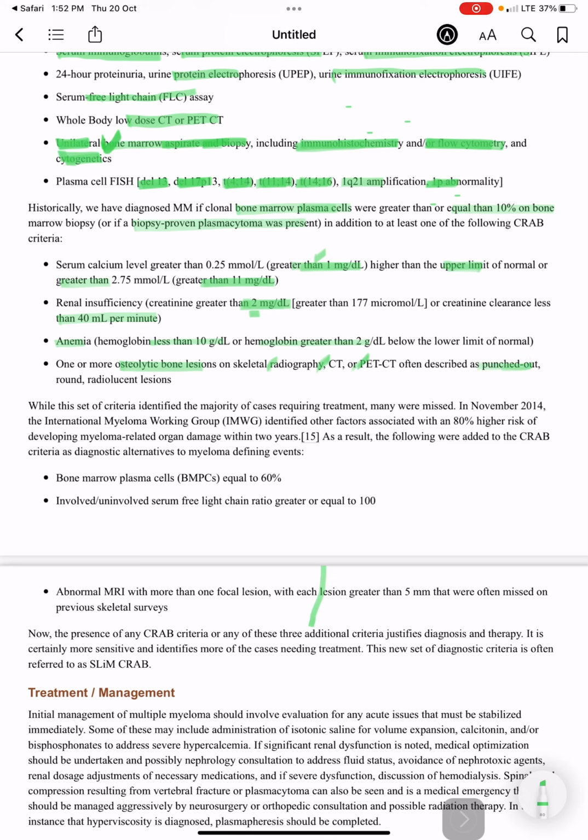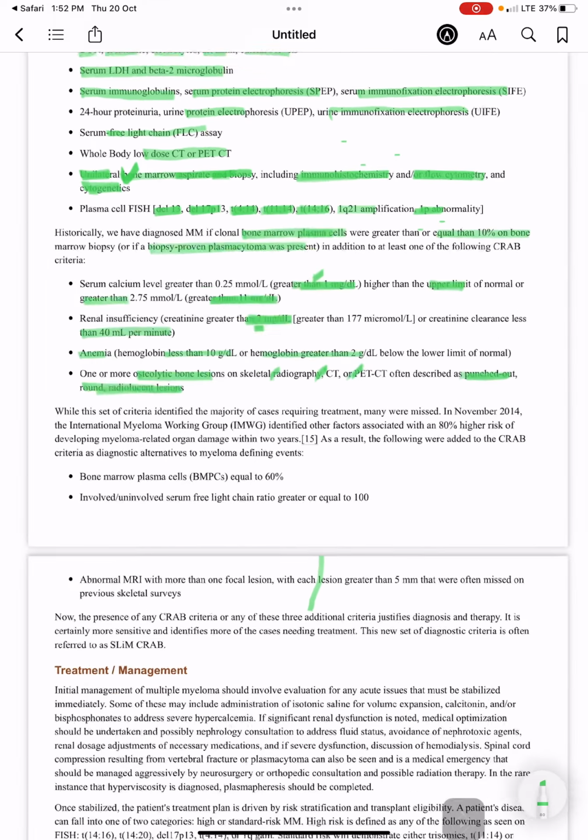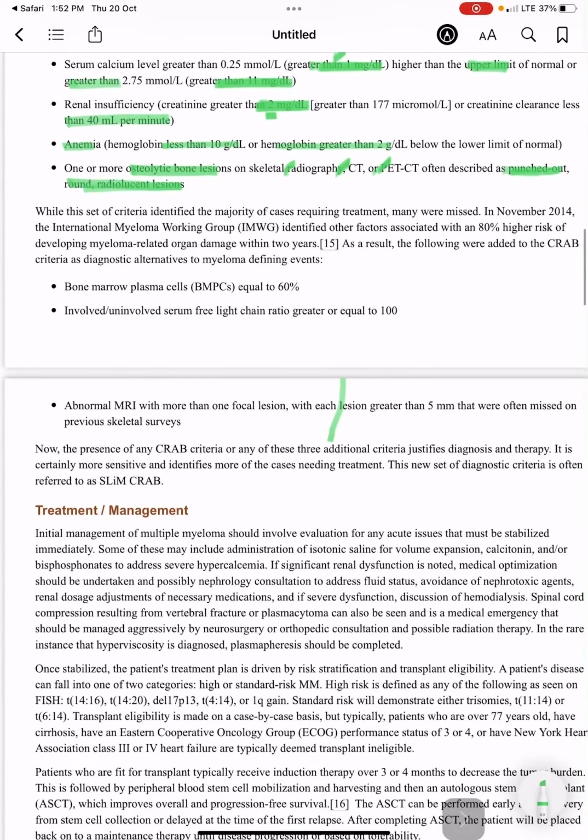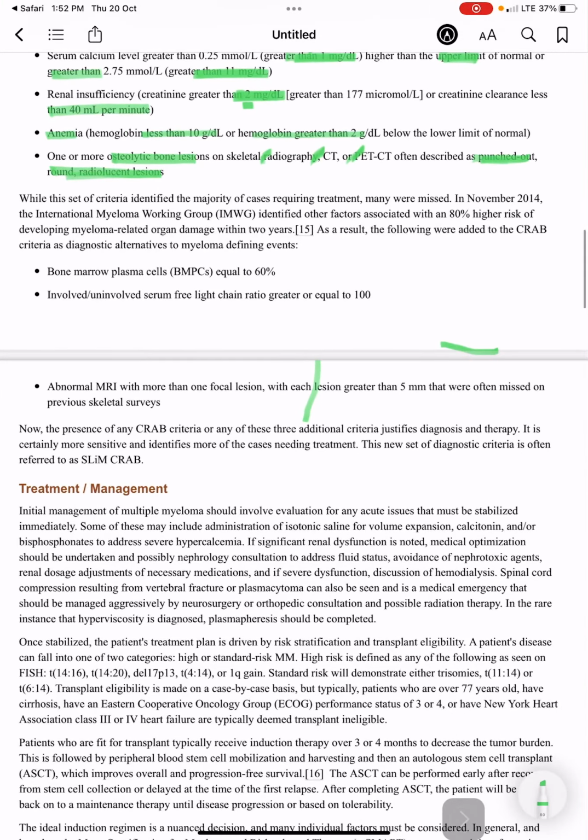So how are the lesions? Punched out, round and radiolucent lesions.